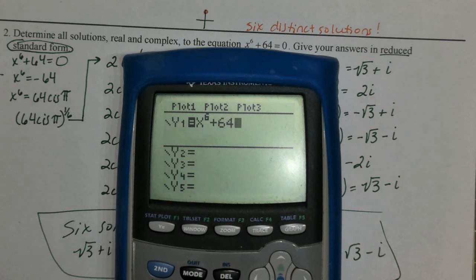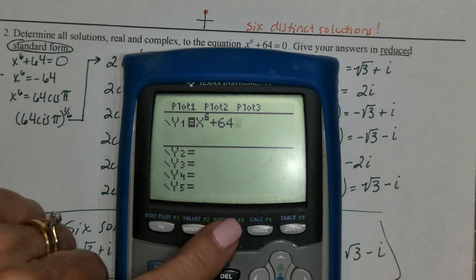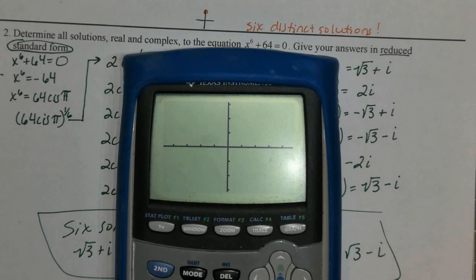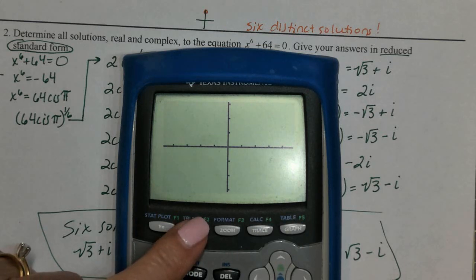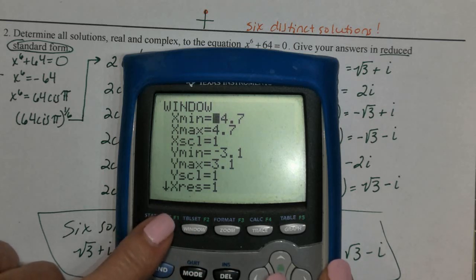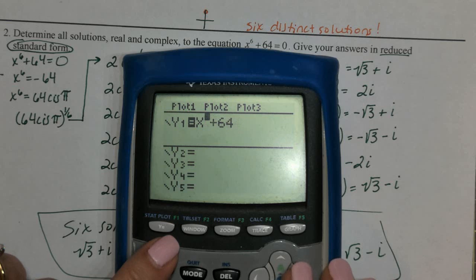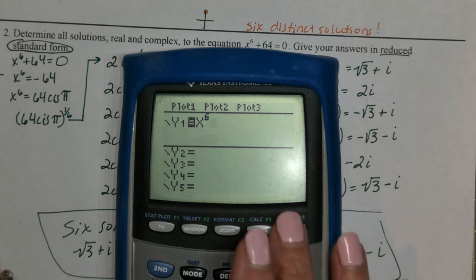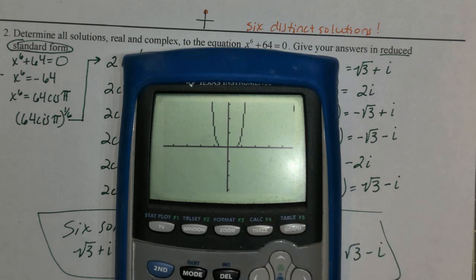If I graph it right now, I'm not going to see a thing unless I change my window. If I just do zoom 4, I won't see a thing because this is way up high at 64, right? So what I'm going to do is change my window. Actually, I think I'm not going to change my window. This is the graph of x to the 6th shifted up 64, right? So it would be this graph shifted up 64 units.